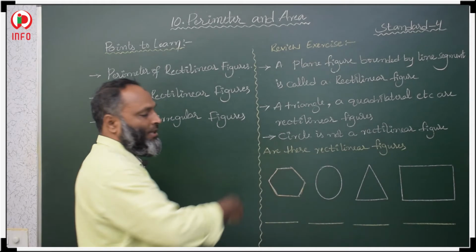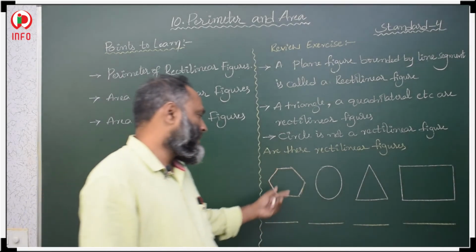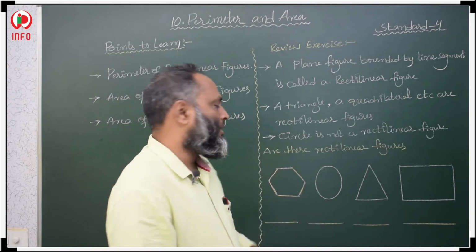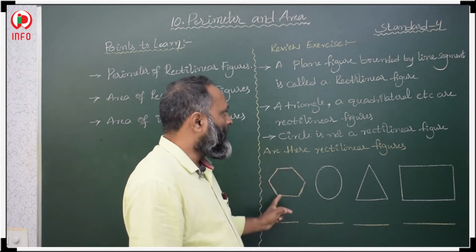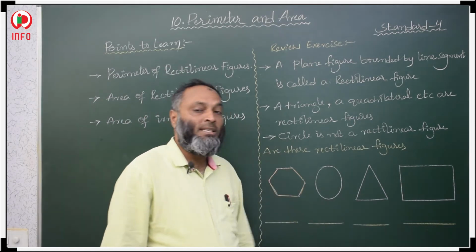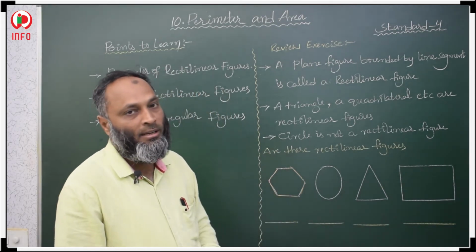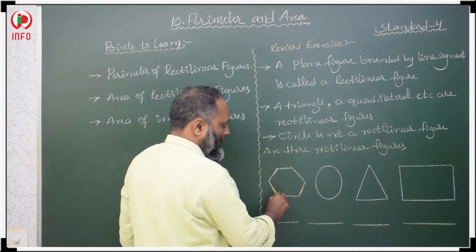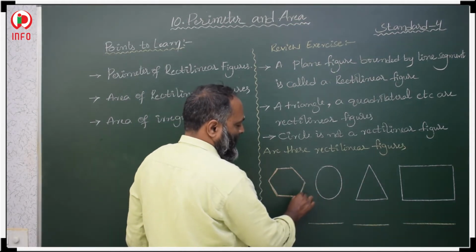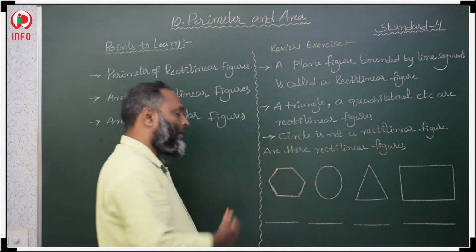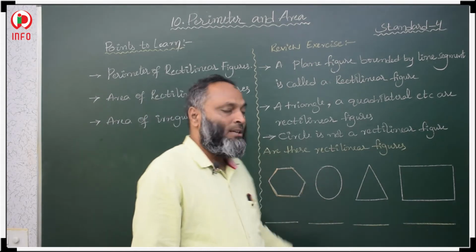This is a polygon, a 6 sided polygon. So this is a hexagon, bounded with line segments. How many line segments are there here? 6 line segments. This is the first line segment, second, third, fourth, fifth and sixth line segment.